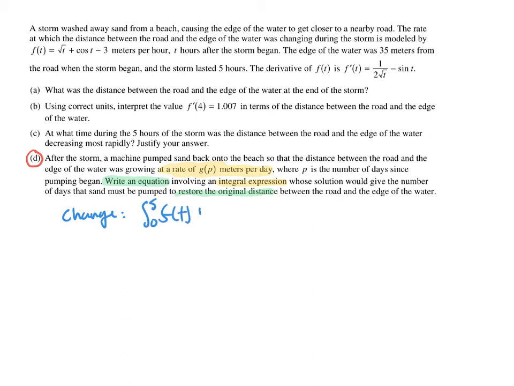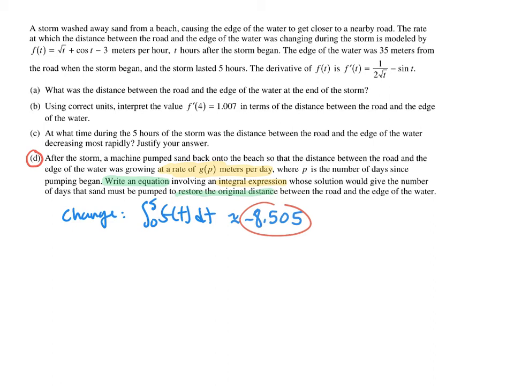We said that was approximately negative 8.505, right? We lost 8.5 meters of beach over those 5 hours. That's how our answer ended up being 26 when we started at 35. We want to reverse that change. So whatever we do with this pump has to add up to the opposite of negative 8.505.